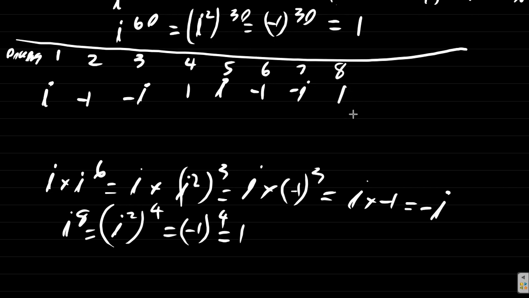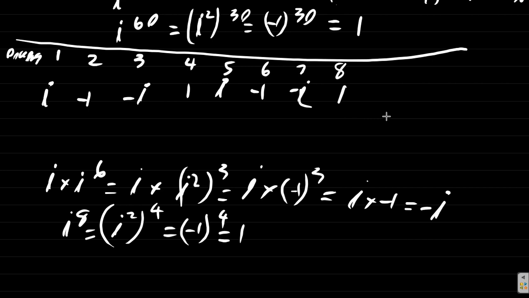So it's 1. Now notice, you have i, negative 1, negative i, 1. i, negative 1, negative i, 1. If you continue this, you're going to have i, negative 1, negative i, 1. It's a cycle.